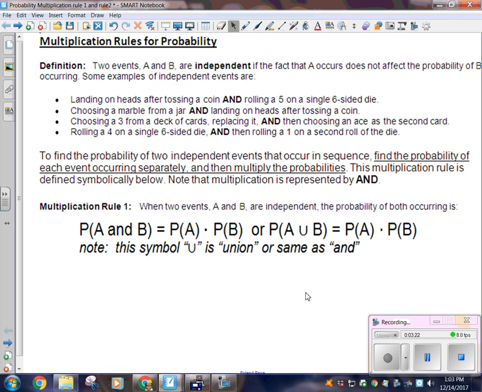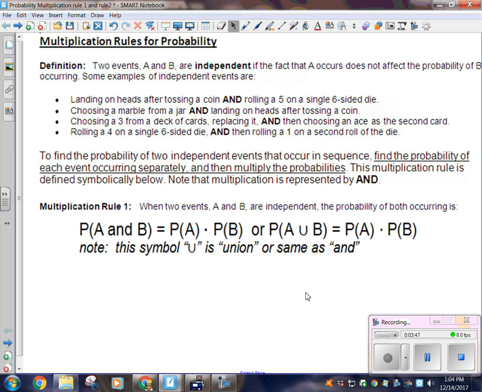Okay, so we just spent some time talking about union and intersection. So this is what it looks like. The probability of A and B, because today the word is "and," is the probability that A will happen multiplied by the probability that B will happen. Or this would be the way it would be written with notation.